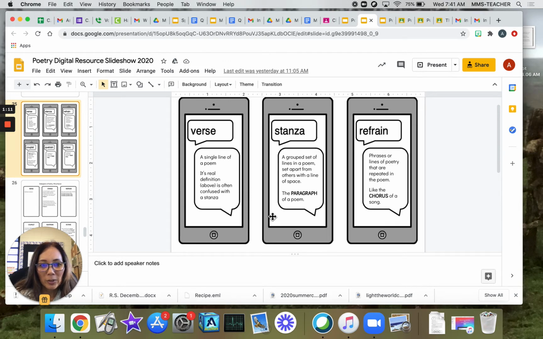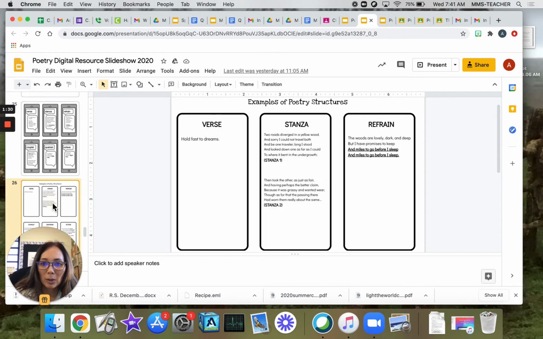Okay, so the next term that we're going to go over is stanza. A stanza is a grouped set of lines in a poem, set apart from others with a line of space. So you can kind of think of it like the paragraph of a poem. And right underneath stanza in your composition book is an example of a stanza.